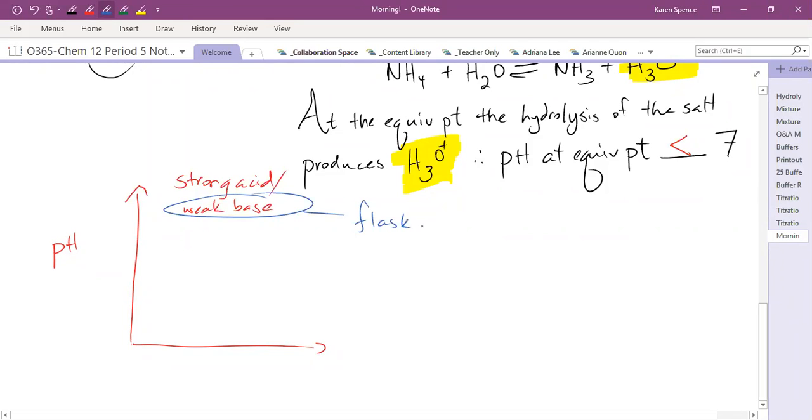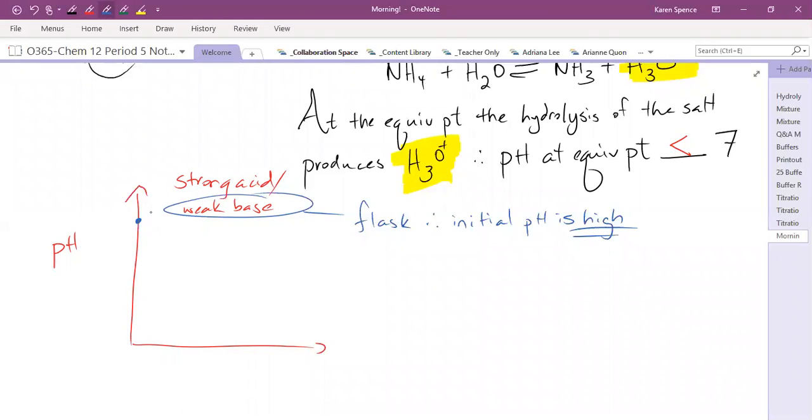So the initial pH is high. Okay, there's our high initial pH. Do you remember what happened at the beginning of the weak acid, strong base curve? What feature was there at the beginning of the weak acid, strong base? Yeah, absolutely.